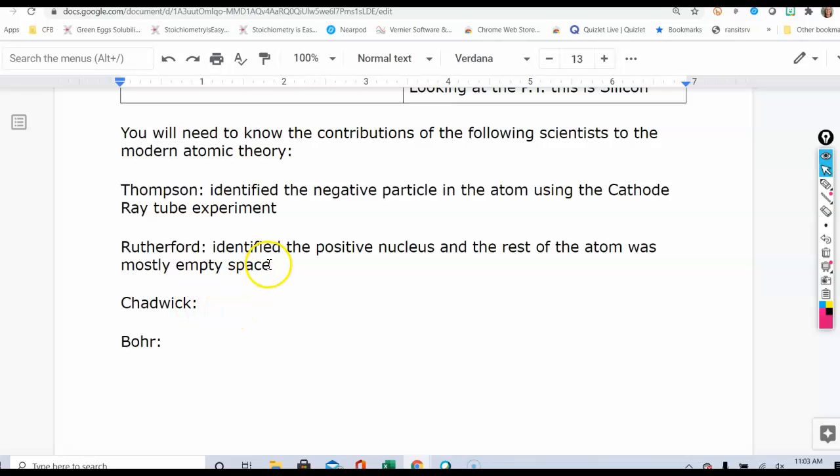Chadwick, oh, by the way, Rutherford used the gold foil experiment.